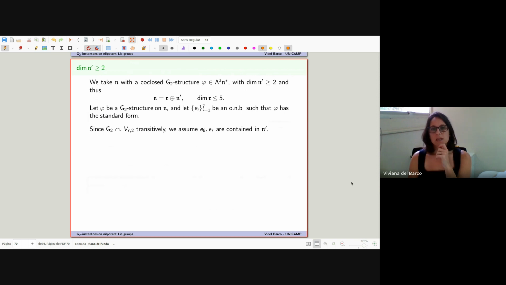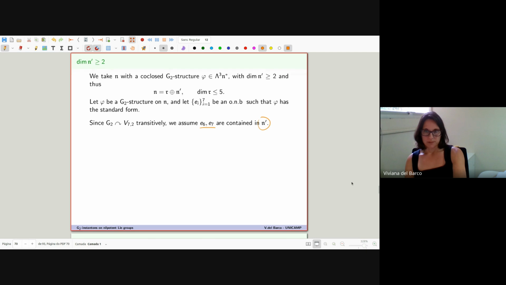So we can take 2 vectors inside n prime, and use this transitivity to assume that the elements 6 and 7 of the basis are inside n prime. The problem here is that we may have n prime of dimension 3, and we cannot control this third element of n prime.